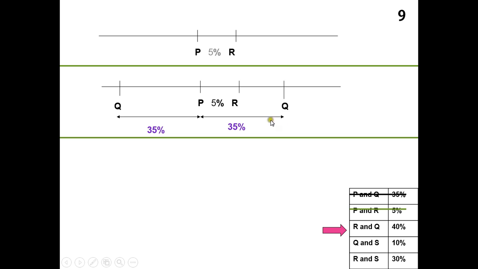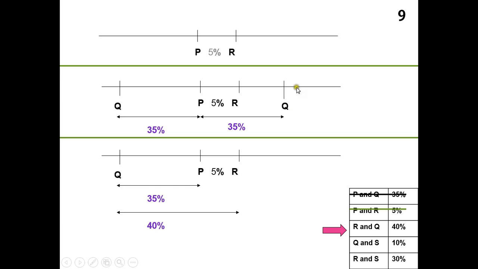So this particular Q position is unlikely to be the answer. We will remove that and stick with the Q to the left of P. Now 35% and 40% fits into what the table of information has given us.